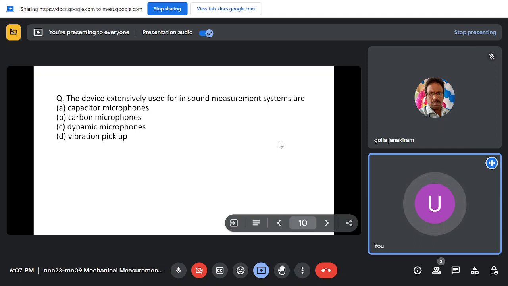So you have four options. The answer is option D, vibration pickup.